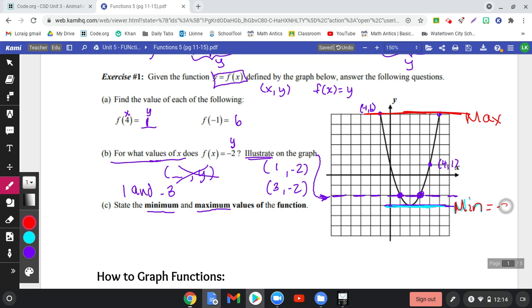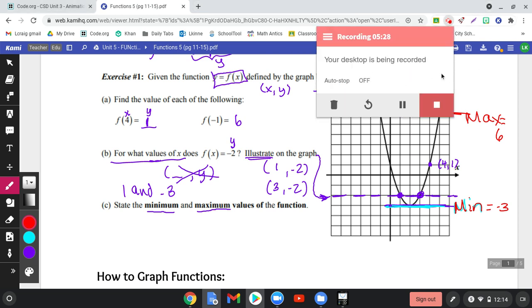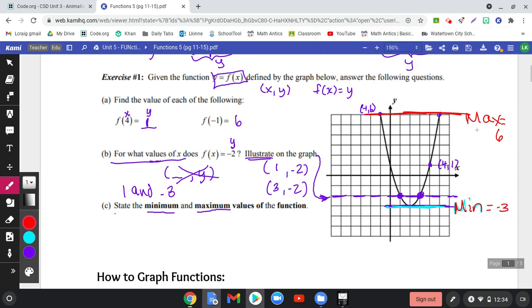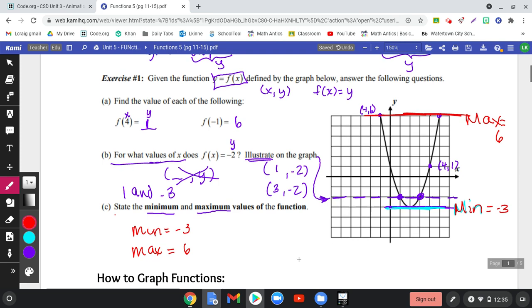So your min is -3, and your max is 6. Once again, real quick, the max is the top, and the min is the bottom. So the min is -3, and the max is 6. That's a little review from last lesson.